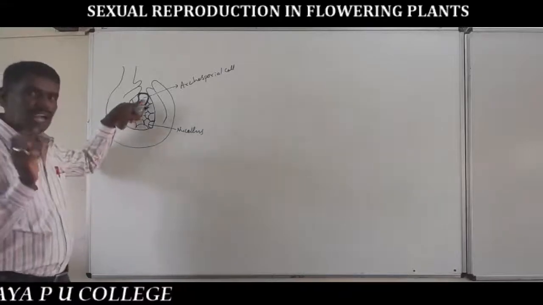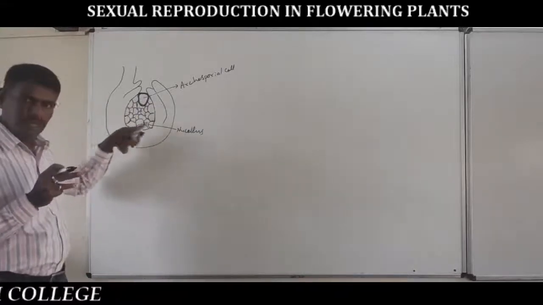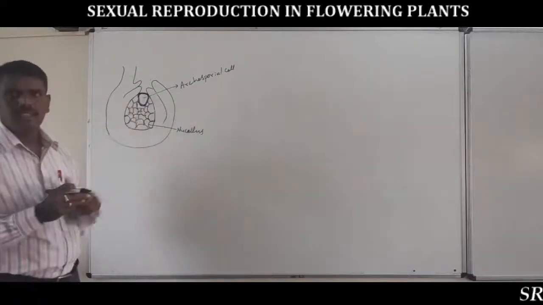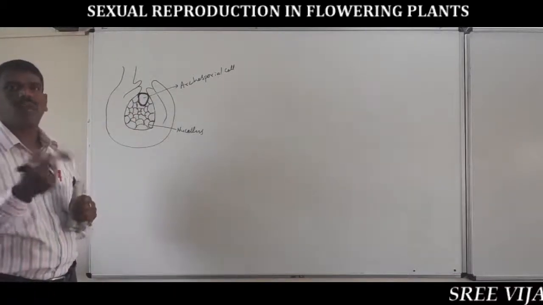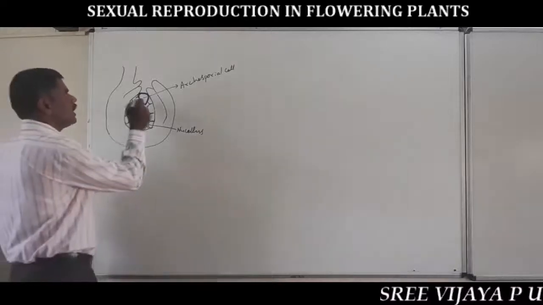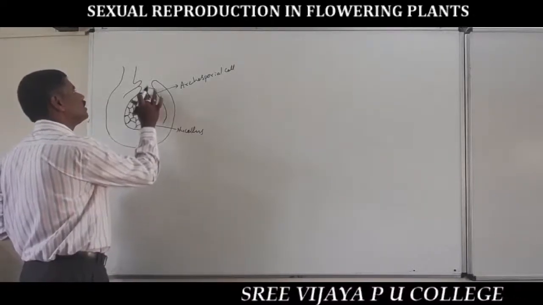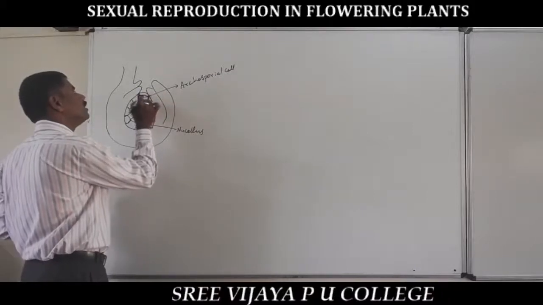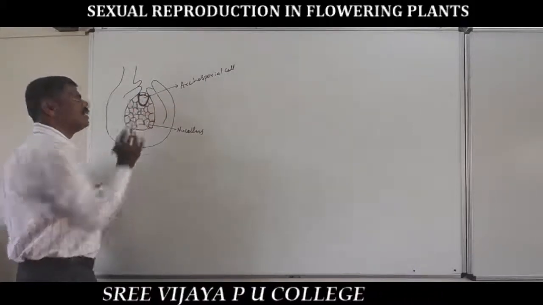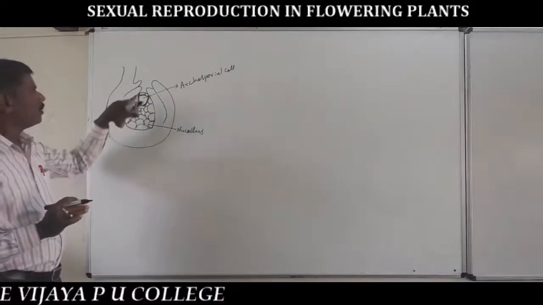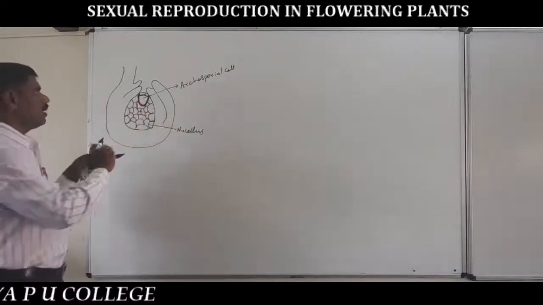In most plants, don't confuse here, the cell that is larger among the nucellar cells has a hypodermal position. In the nucellus, the outer covering cells are there, and below that is a larger cell.